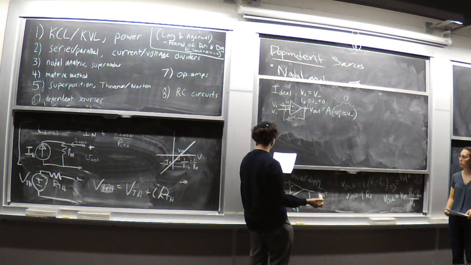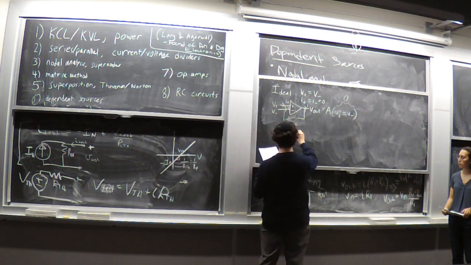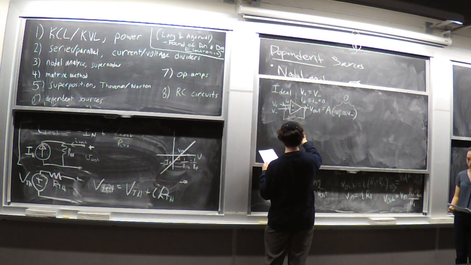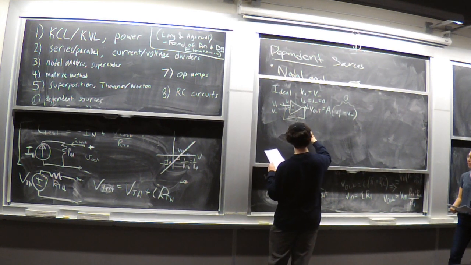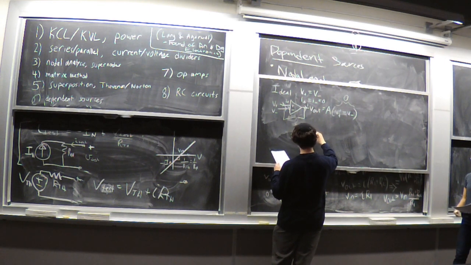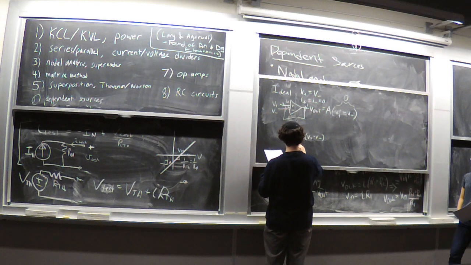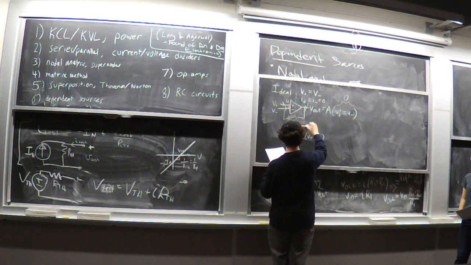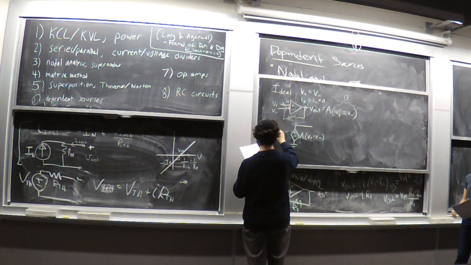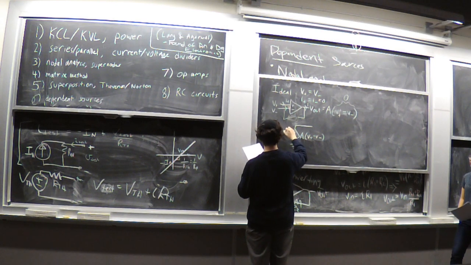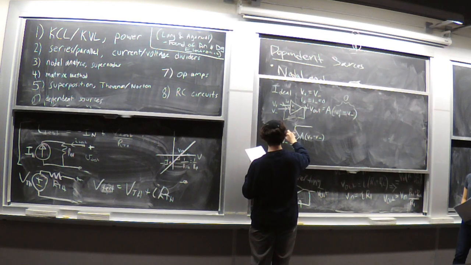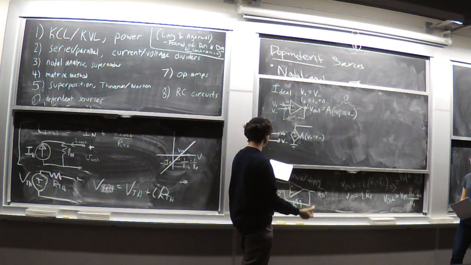So you can think of an op-amp as a dependent voltage source that equals A times V plus minus V minus, where this would be ground, this would be the output voltage, and the input terminals would be V plus and V minus. So this could be an example of an op-amp.